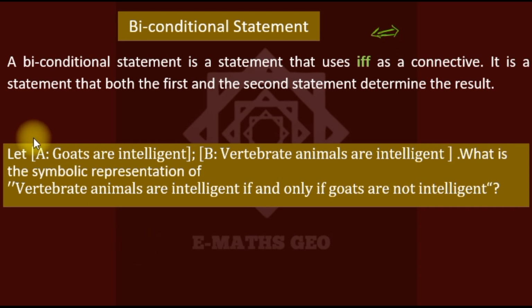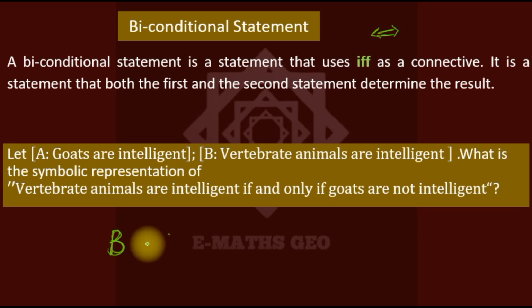Okay, look at this. They said A, goats are intelligent. B, vertebrate animals are intelligent. Now, what is the symbolic representation of vertebrate animals are intelligent if and only if goats are not intelligent? So first, vertebrate animal are intelligent is B. So we'll write it.